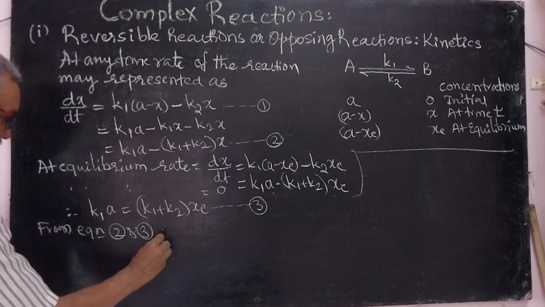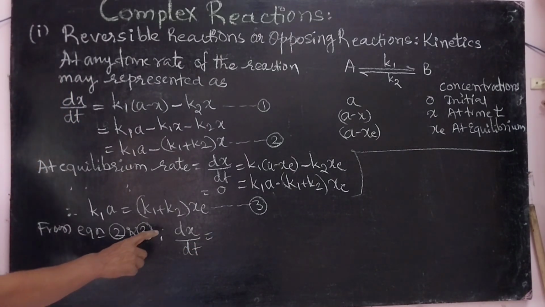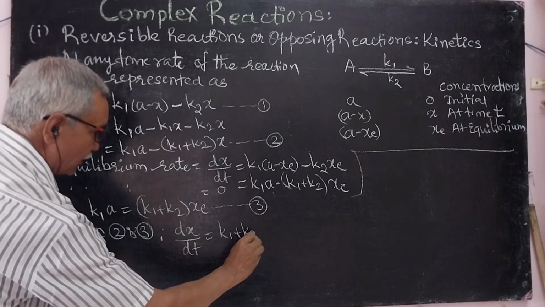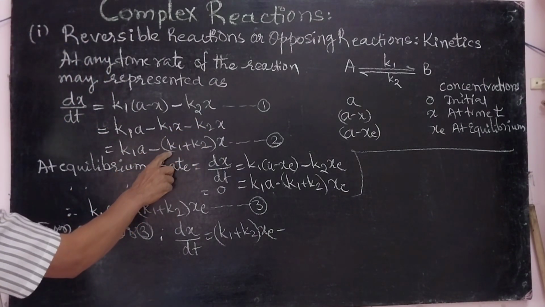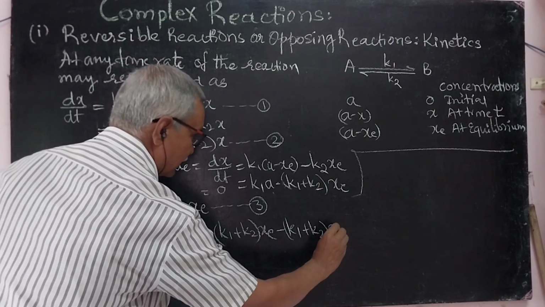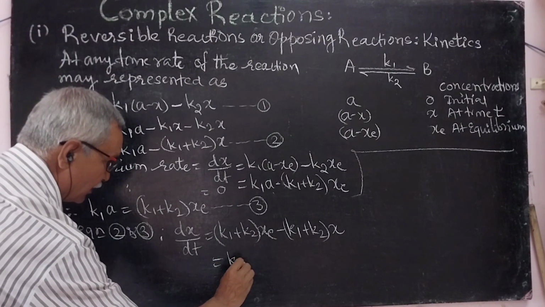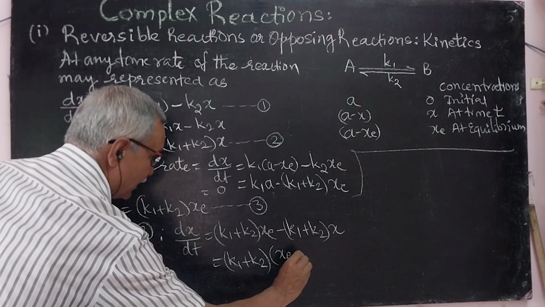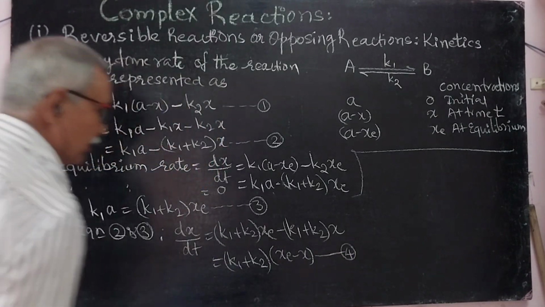You get dx divided by dt is equal to (K1 plus K2) Xe minus (K1 plus K2) x. You take K1 plus K2 as common and you get (K1 plus K2) into (Xe minus x). Suppose this is equation 4.